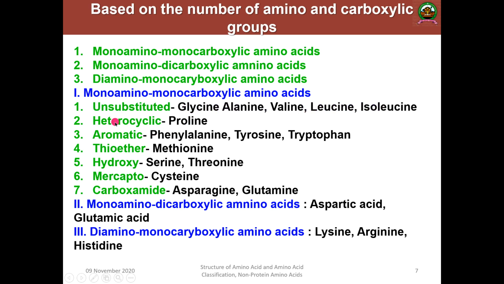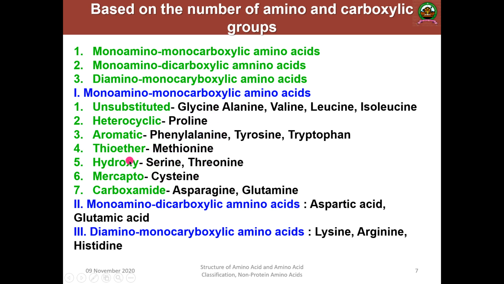Heterocyclic amino acid has a heterocyclic component with one amino and one carboxylic acid group, for example proline. Aromatic amino acids have an aromatic ring but one amino and one carboxylic acid group, such as phenylalanine, tyrosine and tryptophan. Thioether amino acids have one amino group, one carboxylic acid group and one thioether group, such as methionine.